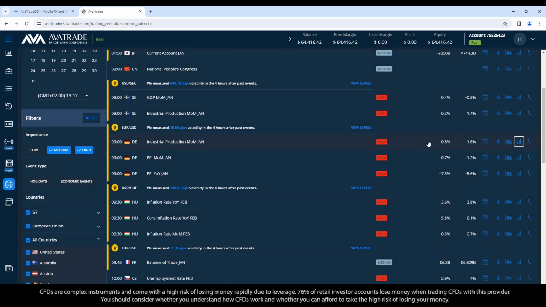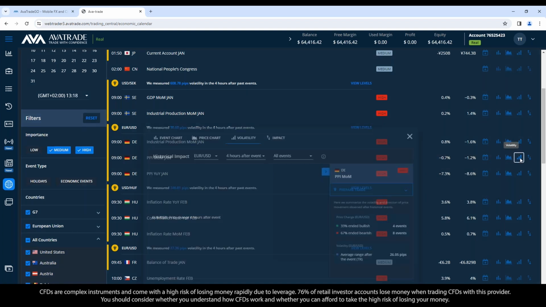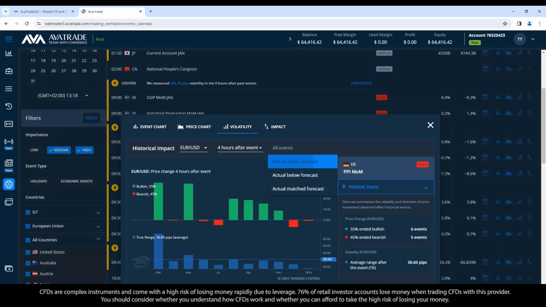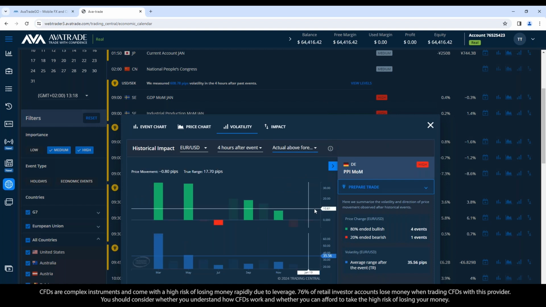What else can we look at? The PPI data is coming in at the same time, so you can analyze that and see if this comes in above forecast. Wow, this looks a lot more predictable. So the industrial production has some predictability to it, but boy, if the PPI data comes in above forecast, the euro climbs 80% of the time.